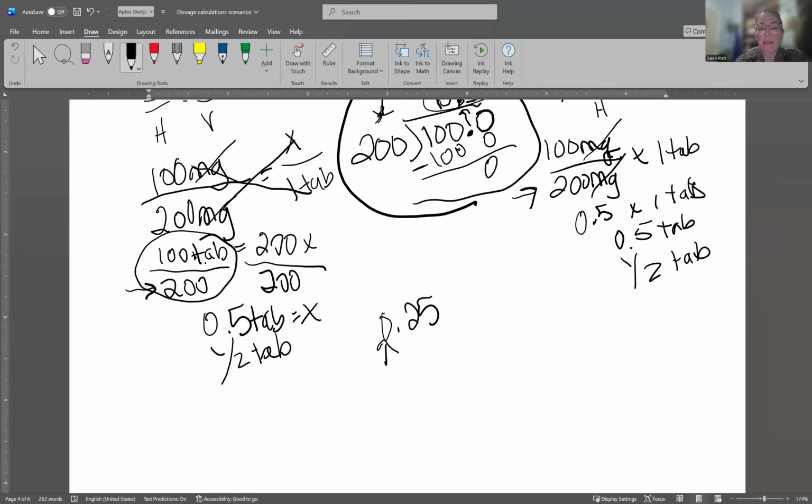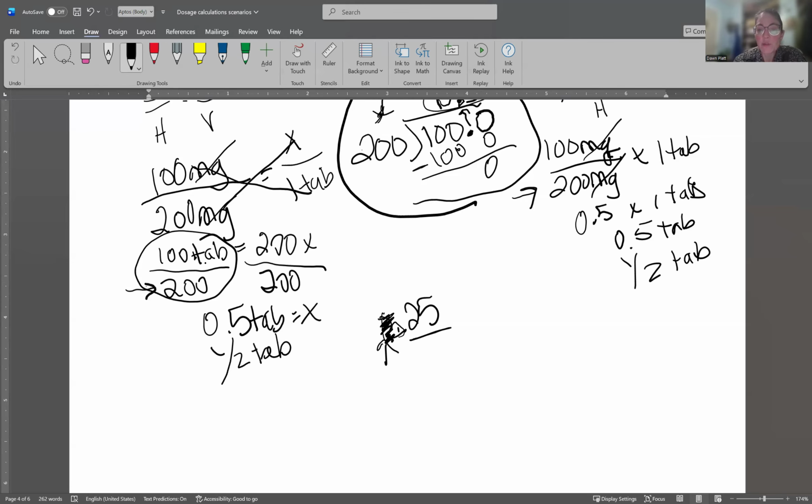If I didn't have that 0 right there, and people just looked at 25 and they didn't capture this decimal point there, I would kill my patient because I would give them 100 times more medication than what they need.